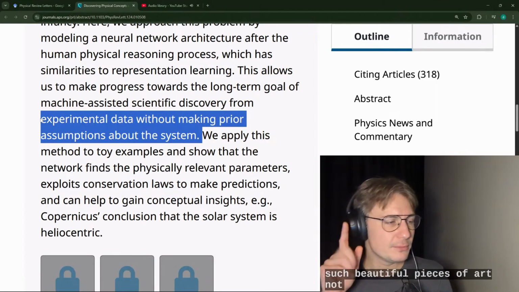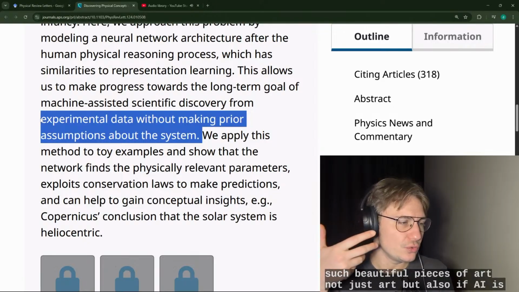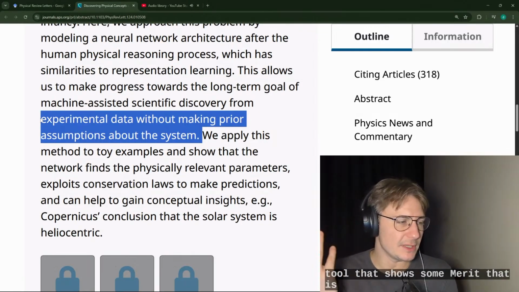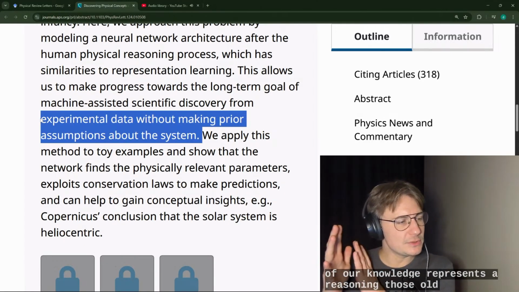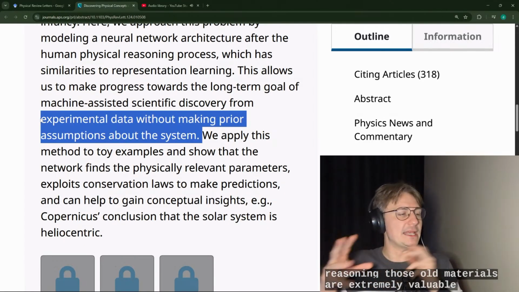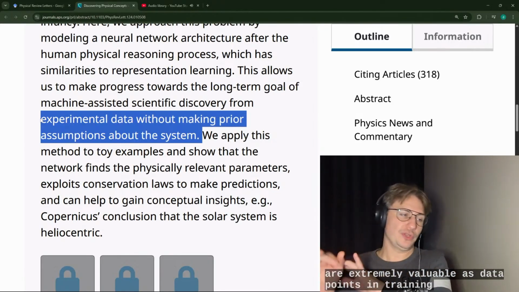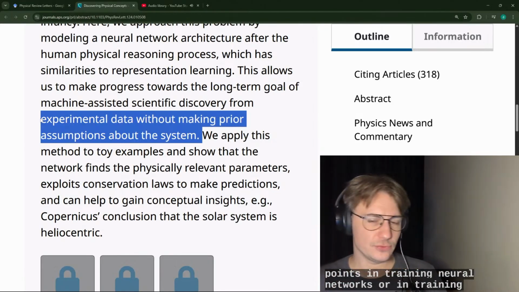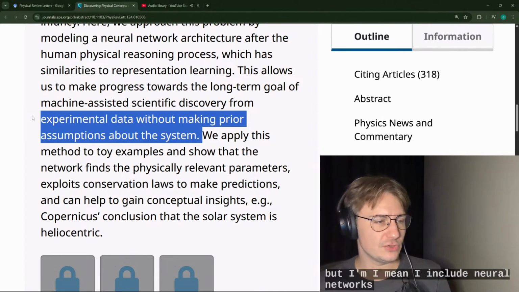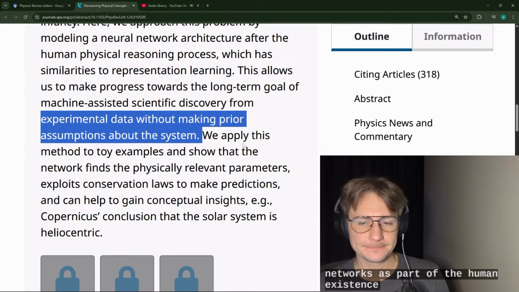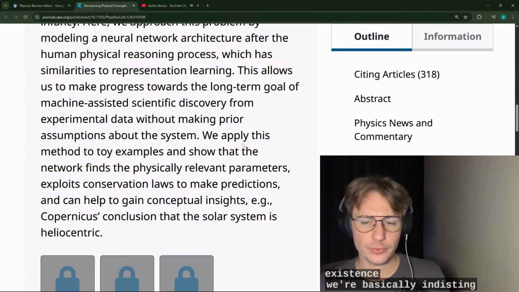Not just art, but also if AI is a tool that shows some merit, that is the collective understanding of our knowledge represents a reasoning, those old materials are extremely valuable as data points in training neural networks or in training the futures of humans in general. But I include neural networks as part of the human existence. We're basically indistinguishable in our approaches.